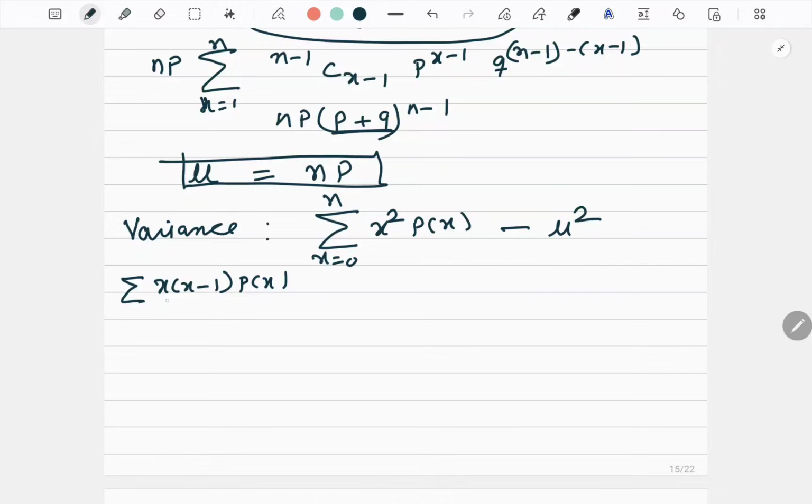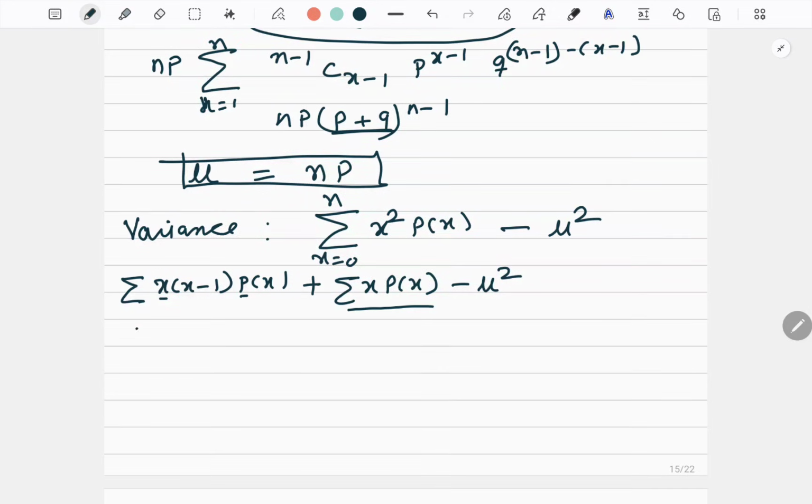The moment I wrote like this, see, x into x, so x square px is the same thing. Now minus x px is extra, which I am getting. So plus summation x px I have added, minus mu square. Correct? Now, what is this expression? x px is the mean. Yes. So I will replace this by mu.